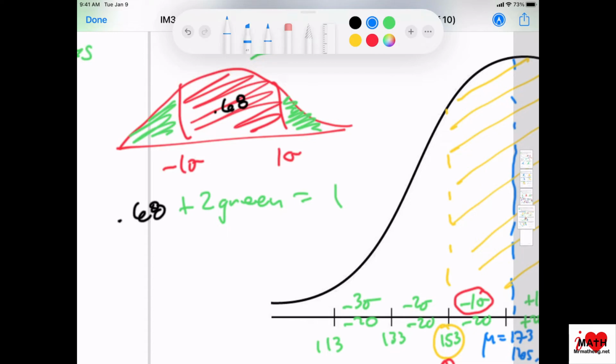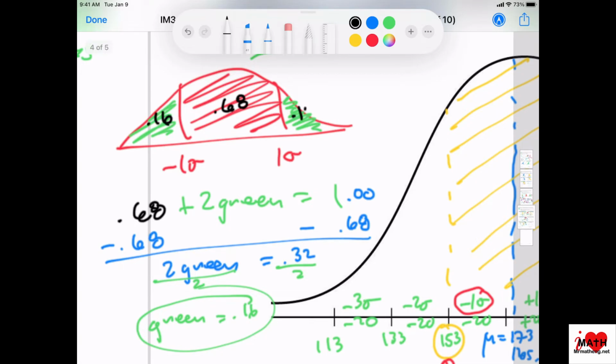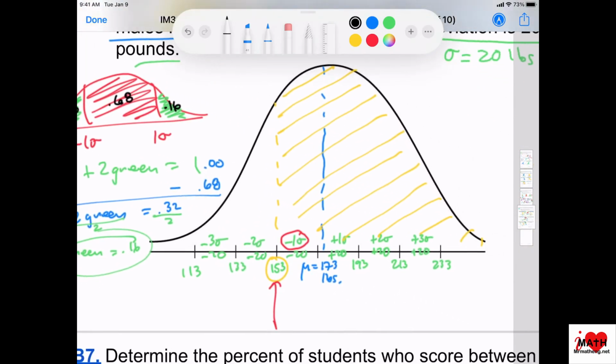If I subtract 68 from 100, 2 greens equals 0.32. And if I divide by 2, that means each green tail is going to equal 0.16. So 0.16 plus 0.68 plus 0.16 will give you now 1. So each of the green tails is 0.16.